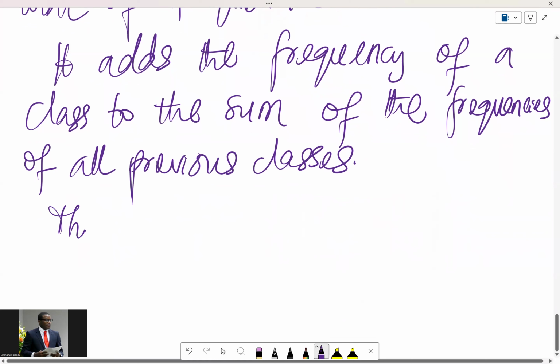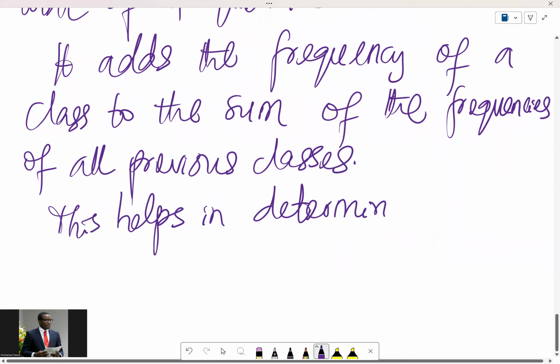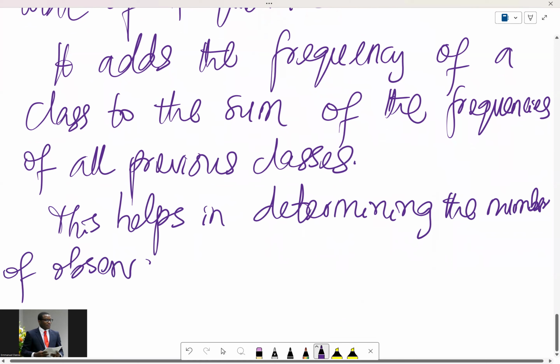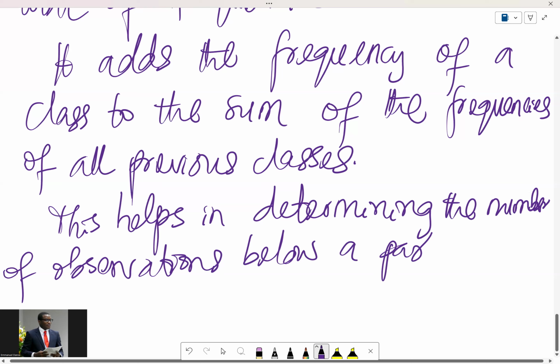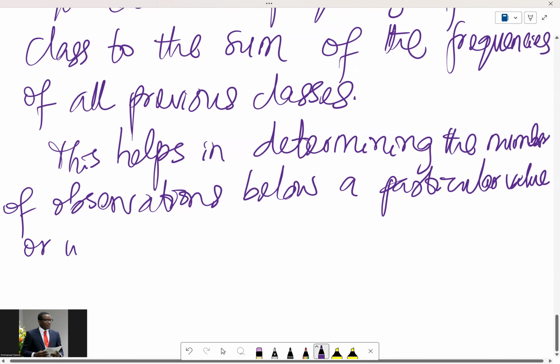So this helps in determining the number of observations below a particular value, or within a certain range.